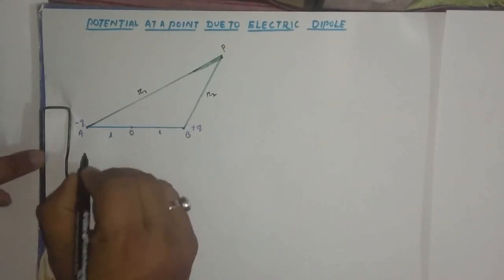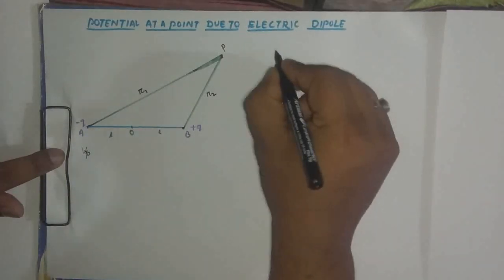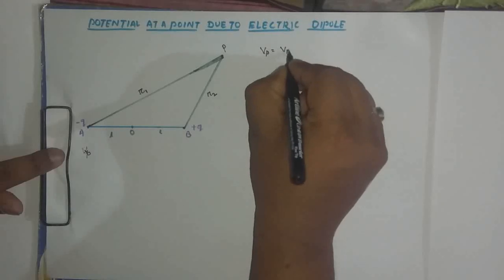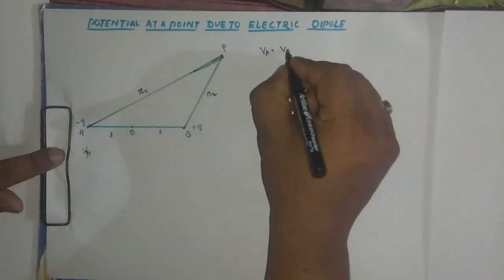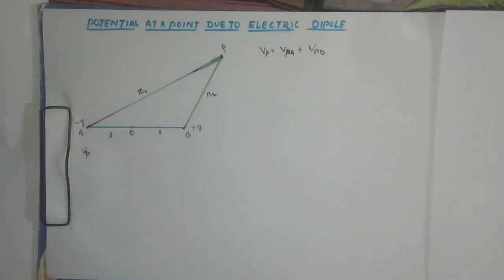So potential at P, let us write down here. Potential at P is equal to potential at P due to A plus potential at P due to B. Easy one. But the problem is what?